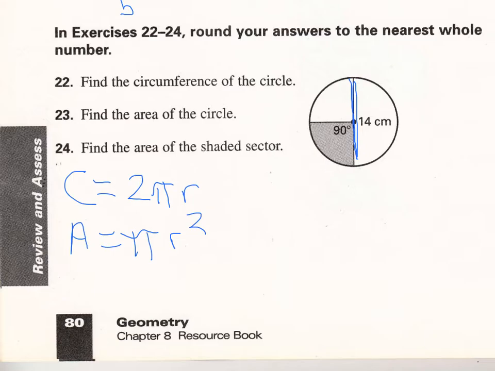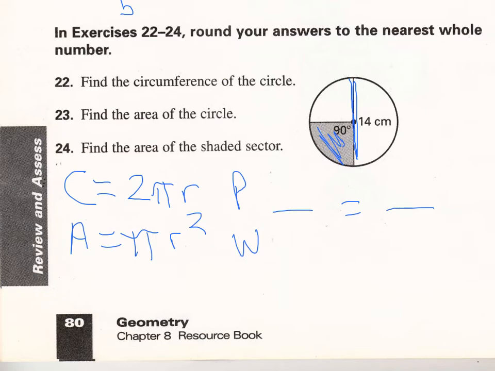And lastly, on number 24, they want to know what the area of this shaded part here is. So remember, we need to make a proportion. I'm going to set up my two fraction bars there. Recall, you're going to go with a piece over the whole thing, and that's how you want to set up your proportion.